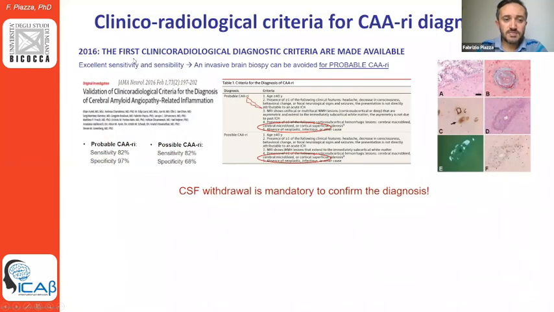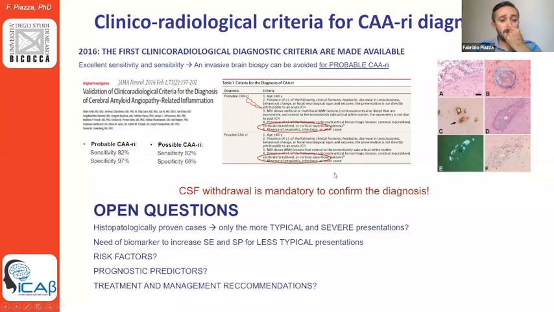And in 2016, we also published the first clinical radiological diagnostic criteria for the diagnosis of probable and possible CAA-ri, in which the CSF withdrawal is still mandatory to confirm the diagnosis because it still remains a diagnosis of exclusion. But very important questions still remain open, such as whether this was proven in biopsy or autopsy proven patients in order to validate the criteria.